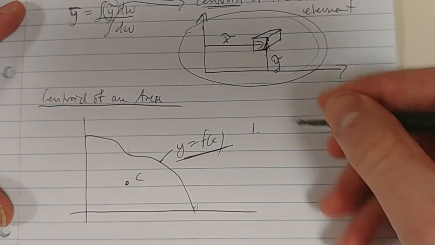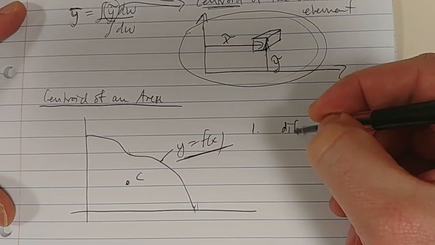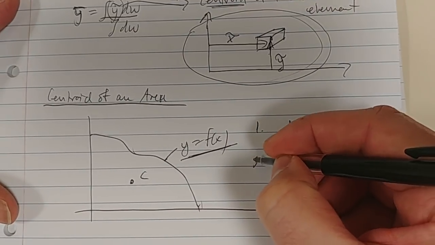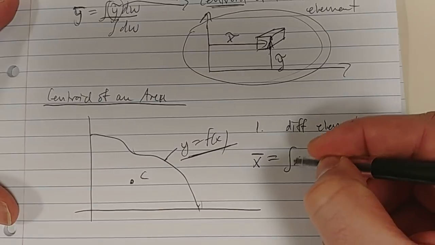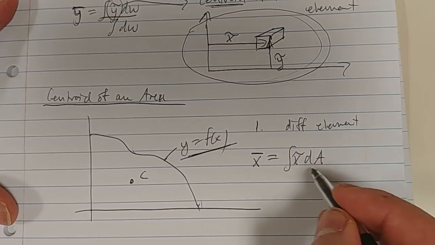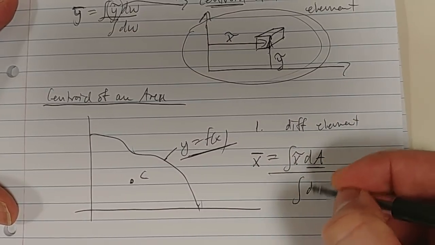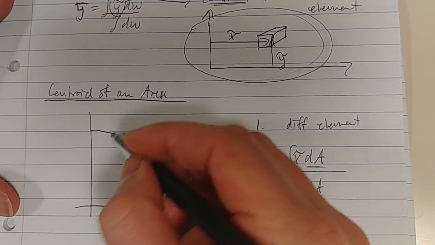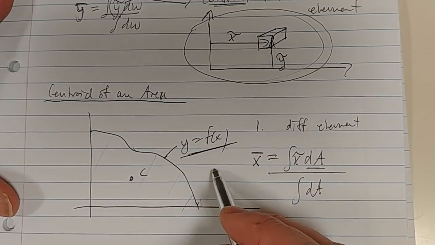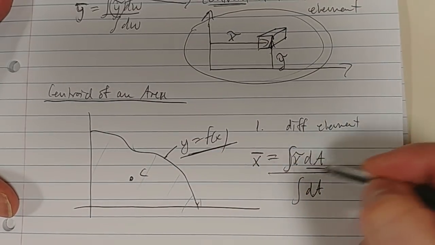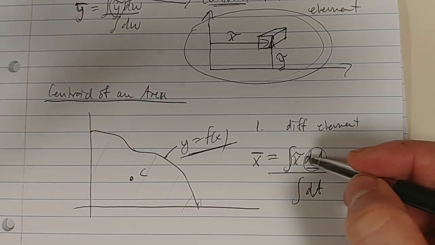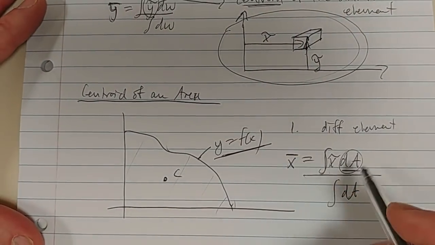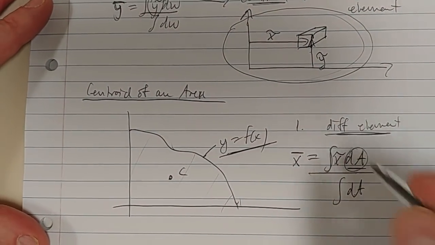Step one, we need a differential element, because the moment equation is given by the integral of x tilde dA divided by the integral of dA. Remember, it's the moment of the total area about a certain point is equal to the sum of the moments of all the differential areas. So the first step is we need a differential element.